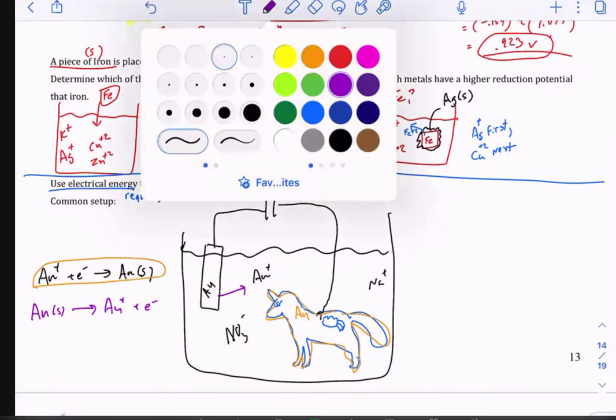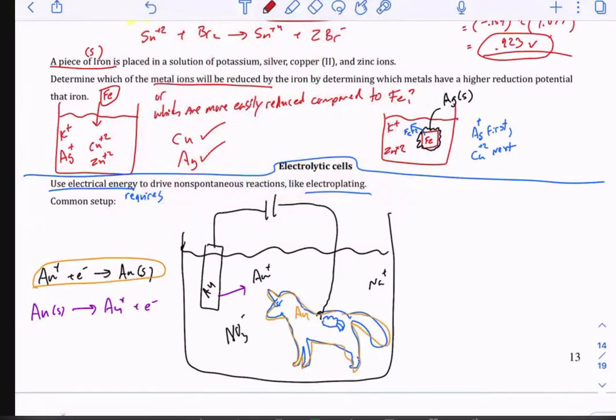Electron-wise, in which direction are my electrons flowing? Towards the bar or towards the pony? Well, which reaction do we want happening on the pony? We're putting solid gold onto the pony, right?